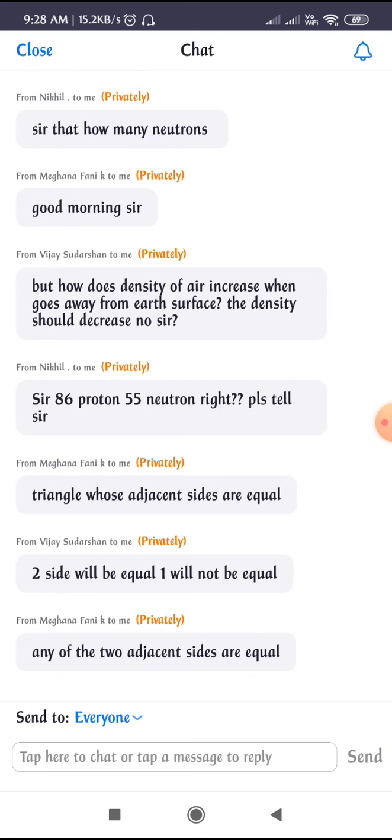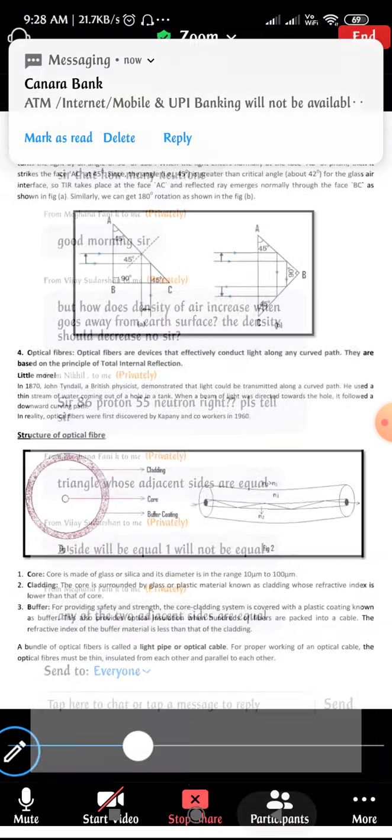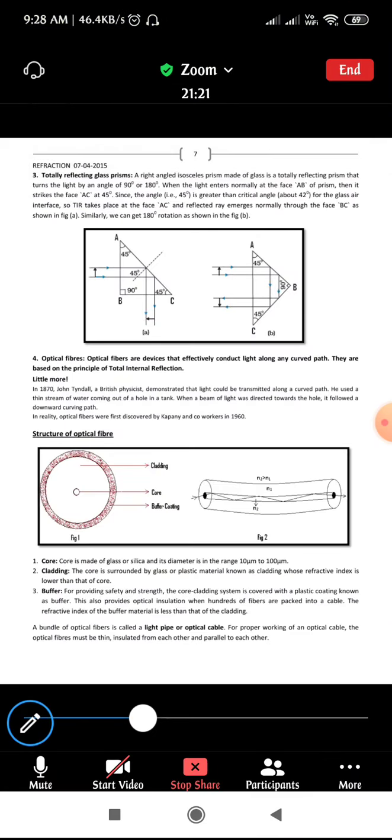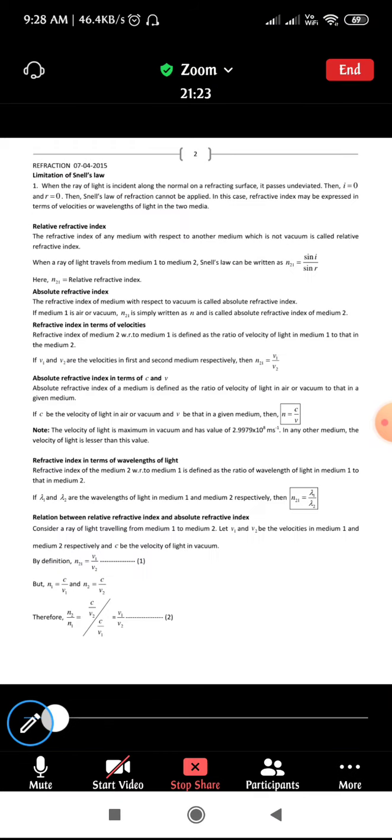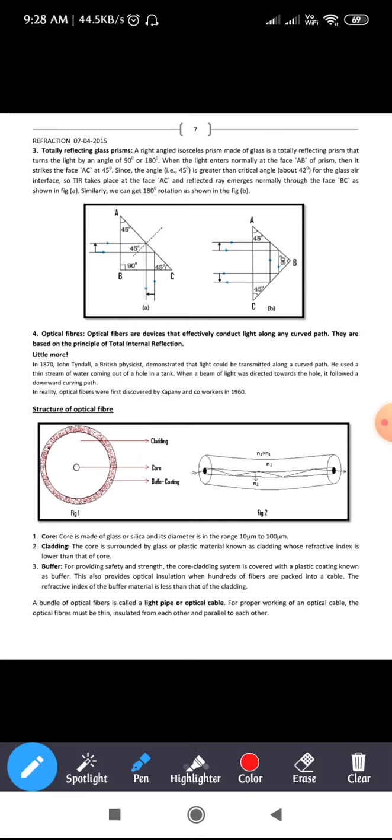See, in this isosceles triangle, this is the light, the incoming ray, that is the incident ray.